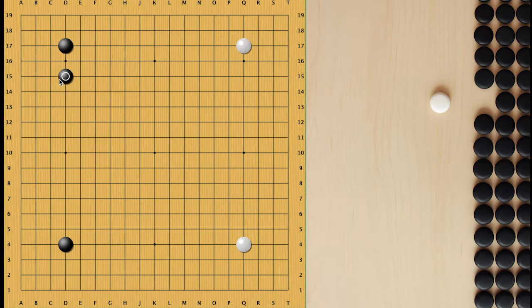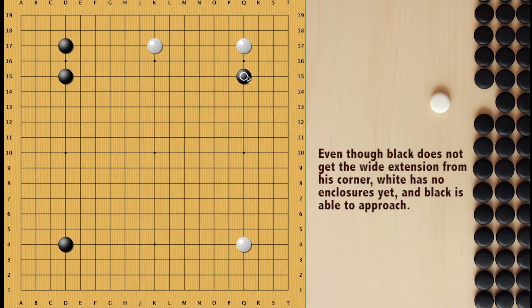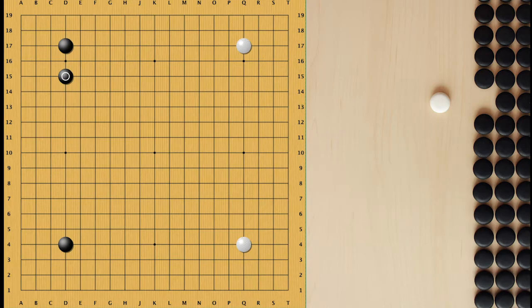So you say, well, what if I make my enclosure and then white denies me of the enclosure? Well, black is actually fine with this because white will get the flat shape. So, especially for double-digit Qs and single-digit Qs, it's almost always important to go ahead and enclose the corner before extending.